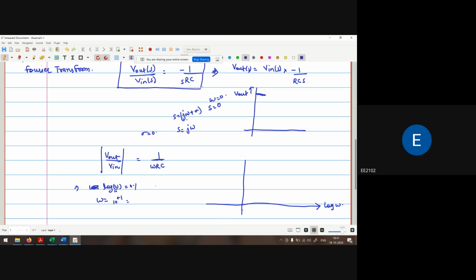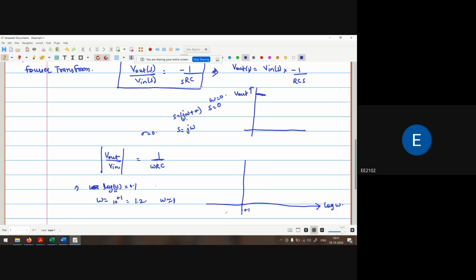And what is the value of 10 raised to power 0.2? It is around 1.2, or I can say omega is almost 1. So this is the first point where log of omega is 0.1.